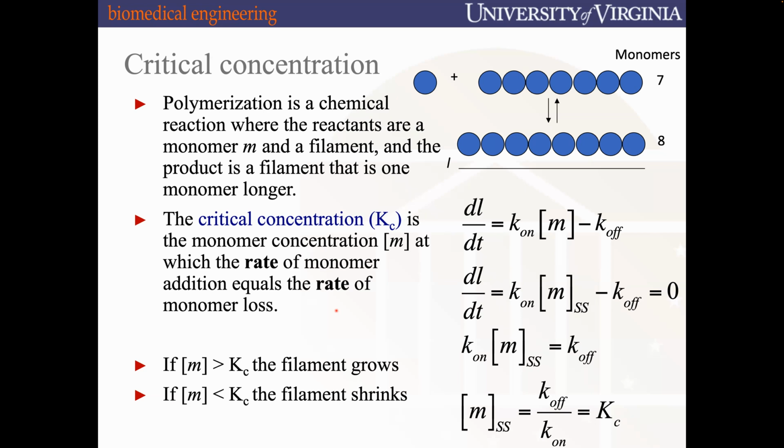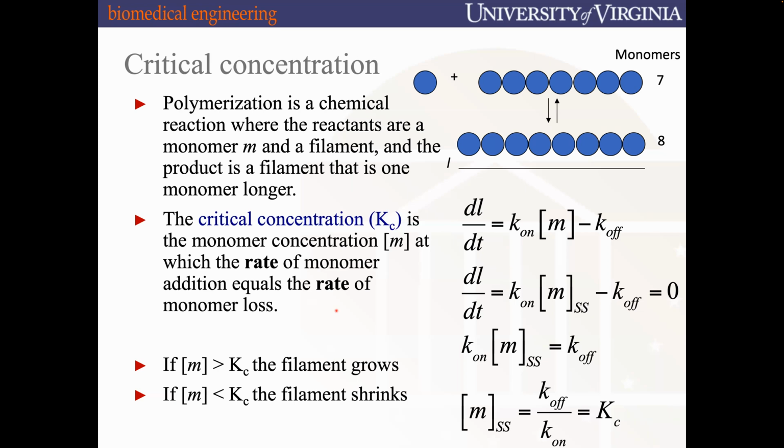There's more availability of monomers around to add to this growing filament. But if your monomer concentration is below Kc, or this steady state monomer concentration, then it'll lose monomers and shrink as a result. So this Kc is really important to define because, similar to enzymes, it is an inherent quality of that monomer chain.